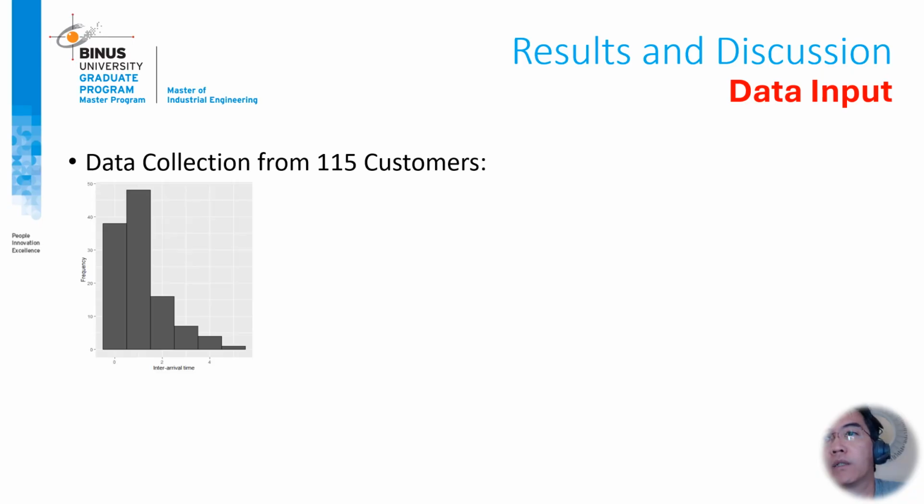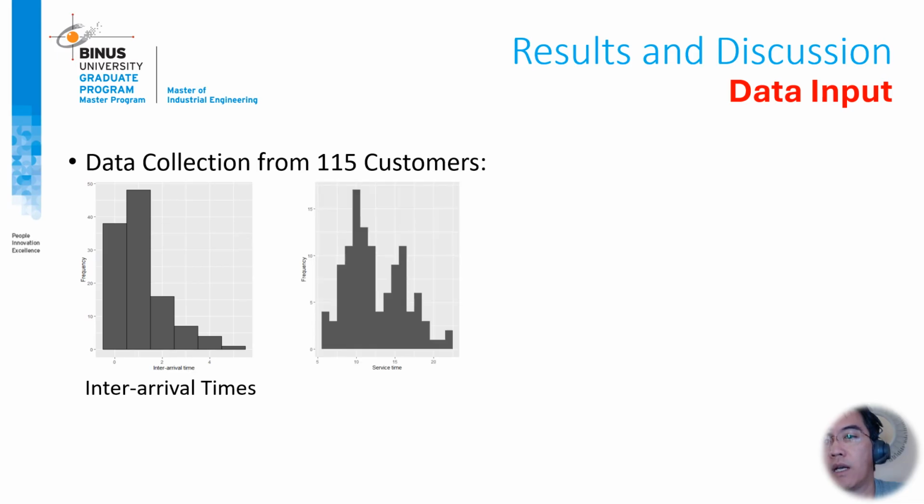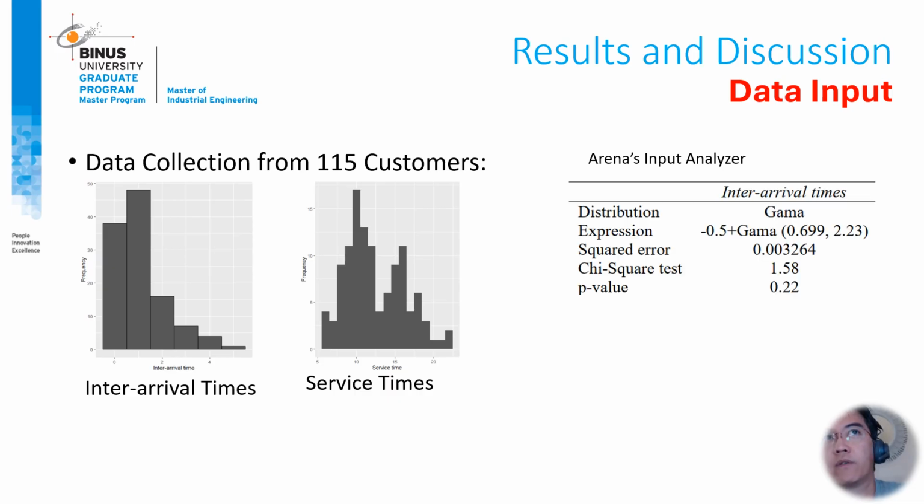Data collected from customers were then tested to identify which distribution would best fit the data. So this is the data, inter-arrival times, and then service times. And the researcher used the input analyzer of Arena to perform distribution fit. So the best distribution fitted was gamma.